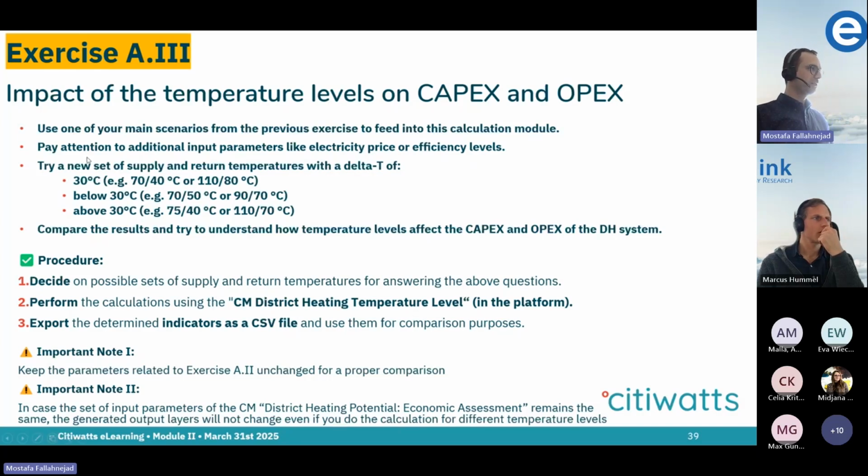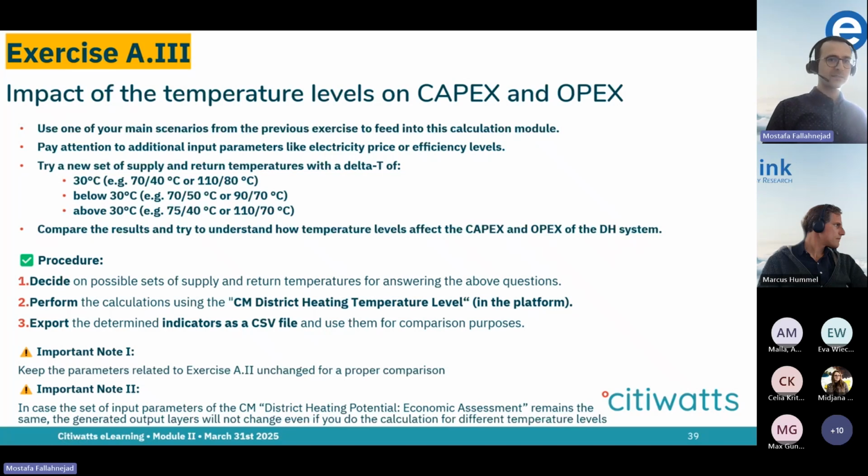So use one of your main scenarios from the previous exercise from economic assessment. Pay attention to additional input parameters like electricity price or efficiency levels. Try a new set of supply and return temperatures with a delta T of 30, below 30 and above 30, because our original temperature levels were 90, 60, delta T 30 degrees C. Therefore, it's good to have a comparison.